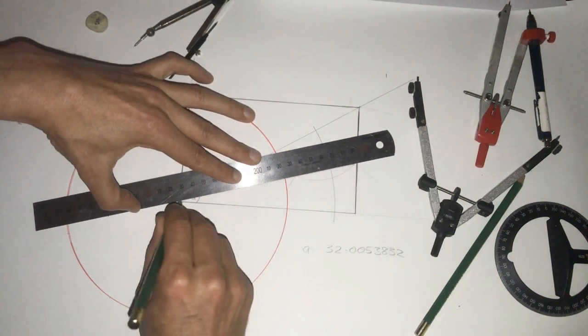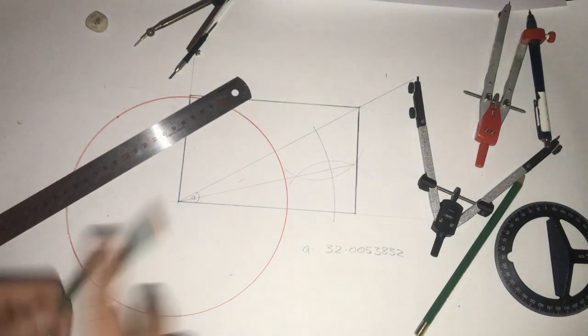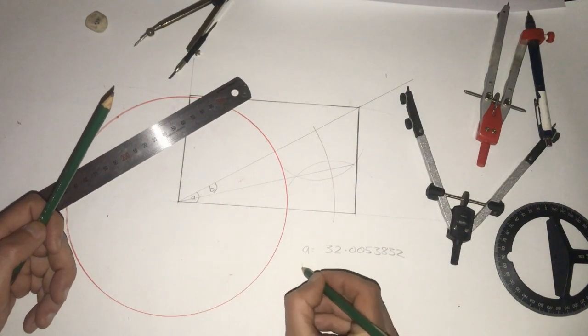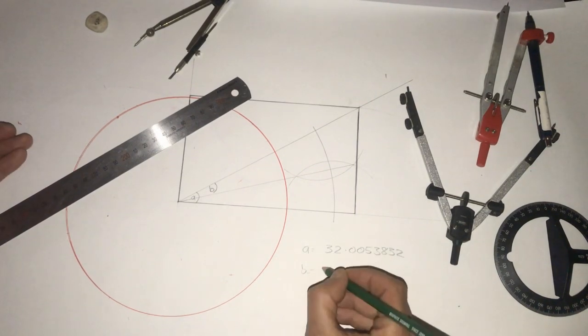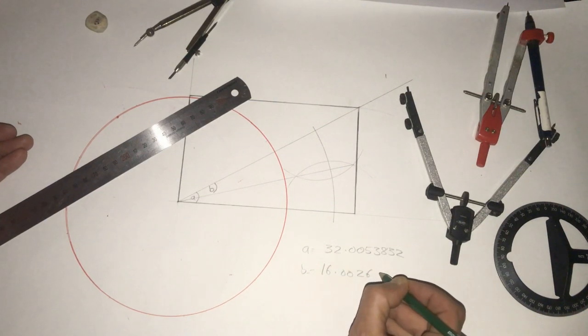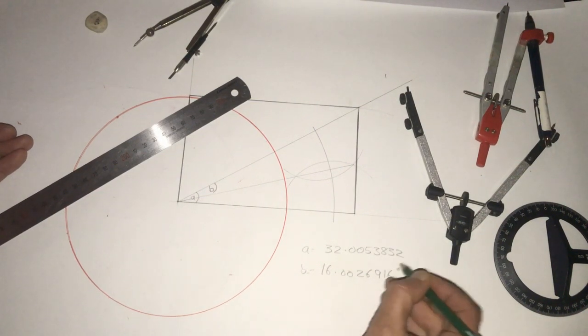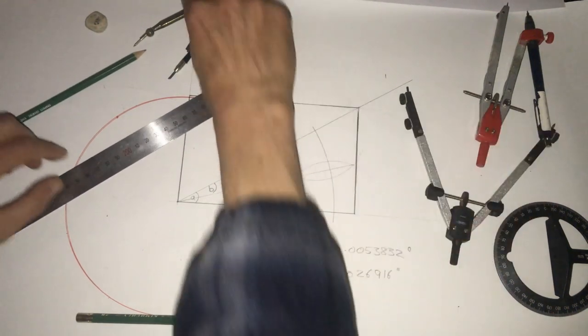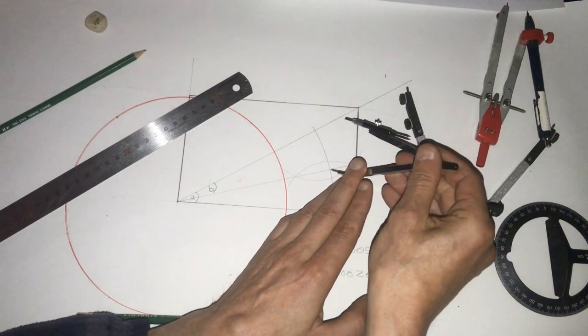So now we bisect that angle, and therefore angle B should be, by strict definition, 16.0026916 degrees. And now I'm going to bisect that angle one more time.